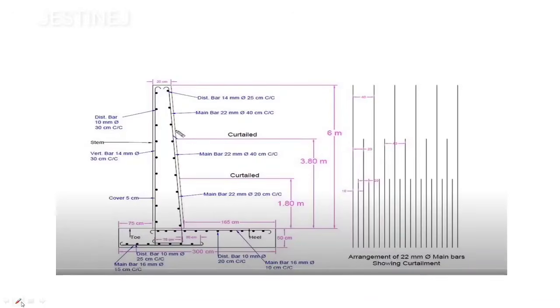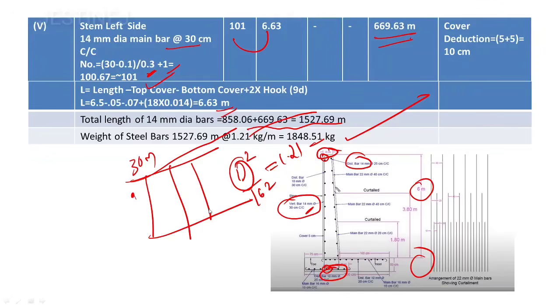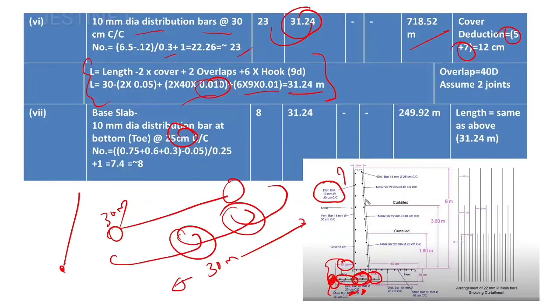Okay, then divide by 0.25 plus 1, you will get 8 numbers. Then if you multiply this value, you will get 249.92 meter.